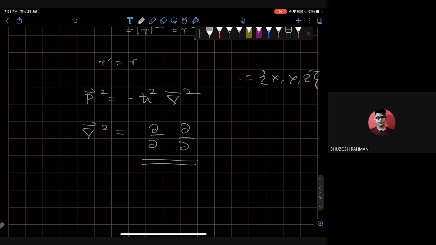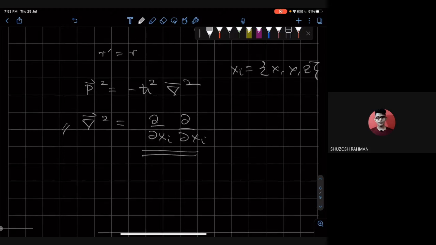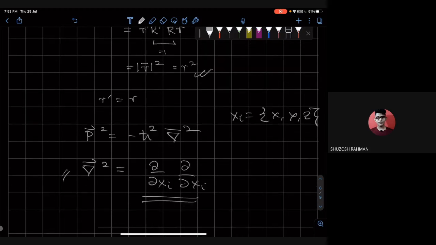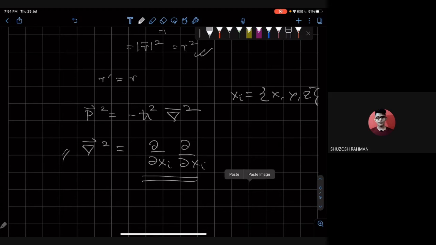This is what the Laplacian is, right? You agree? I'm in a notational quandary, because r was actually better, as you'll see soon why.